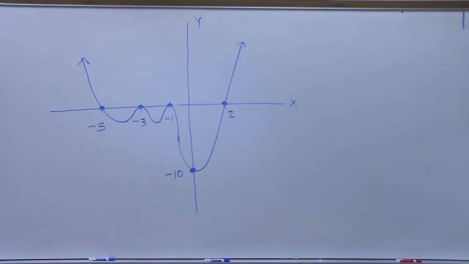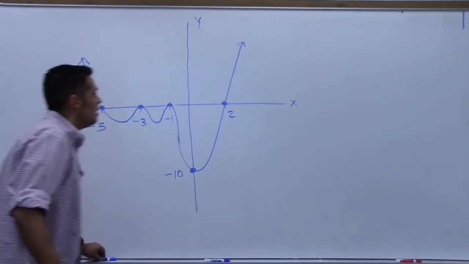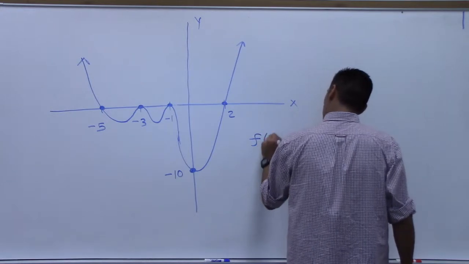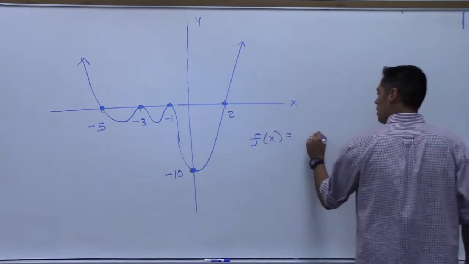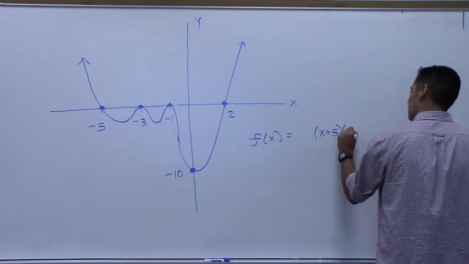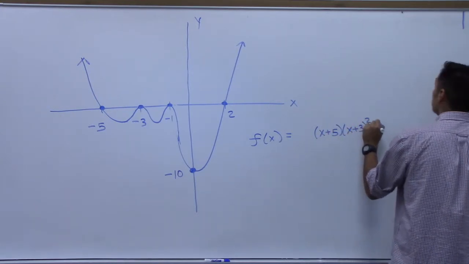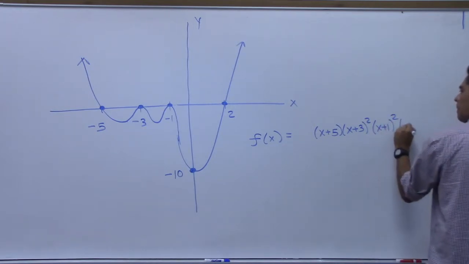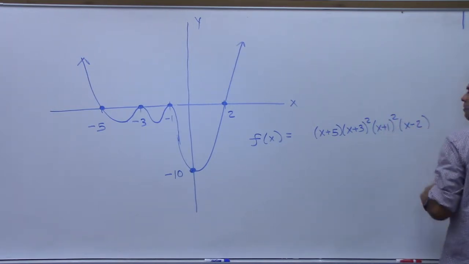I've seen a couple of people get 1/9, so I'll start putting it up here. Let's see. x plus 5, x plus 3 squared, x plus 1 squared, x minus 2.